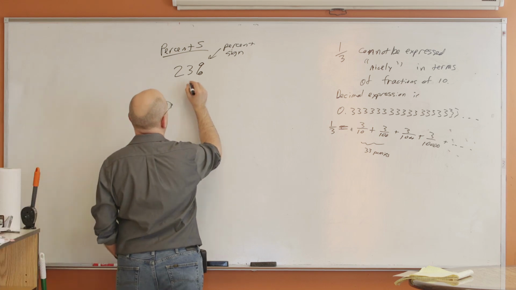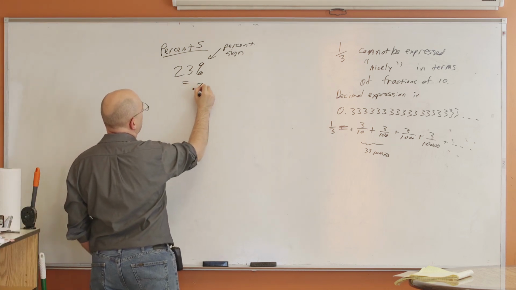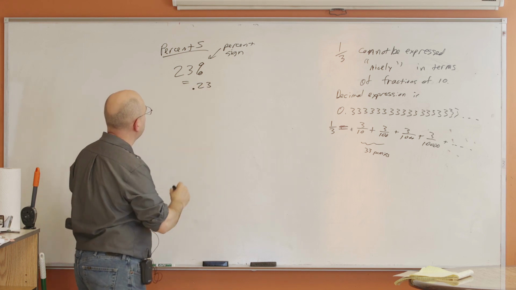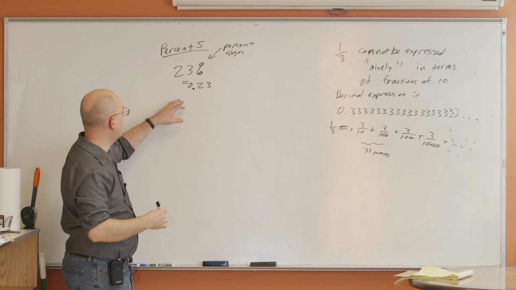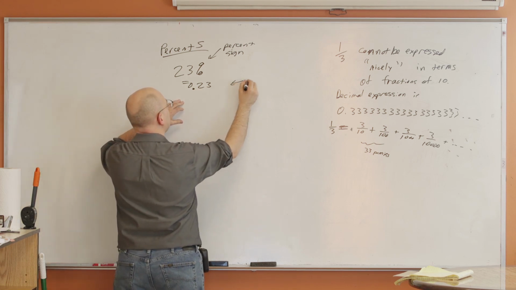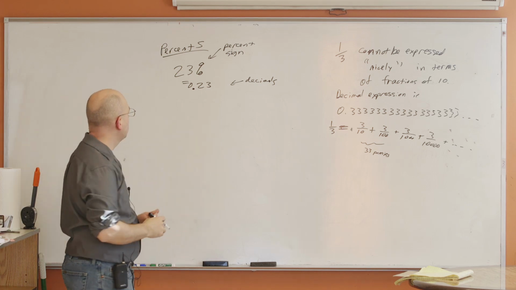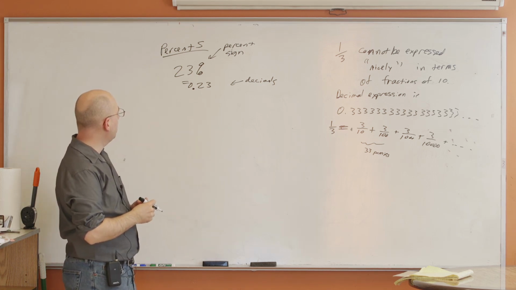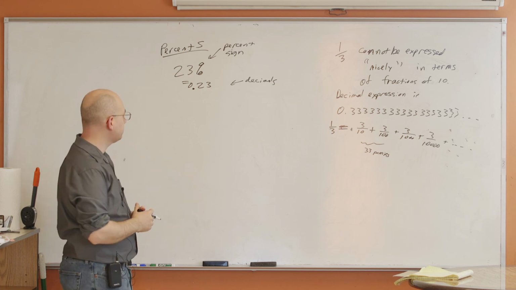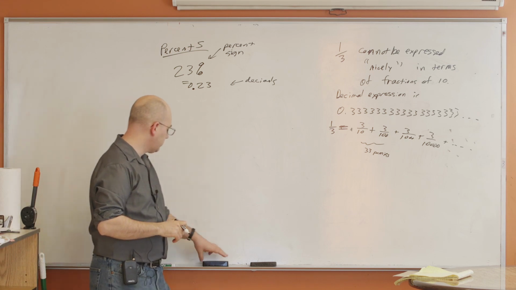And so basically the percent sign means if I want to write in decimals, I shift the decimal point over 2. So 23% is the same as 0.23. That's all it literally means.